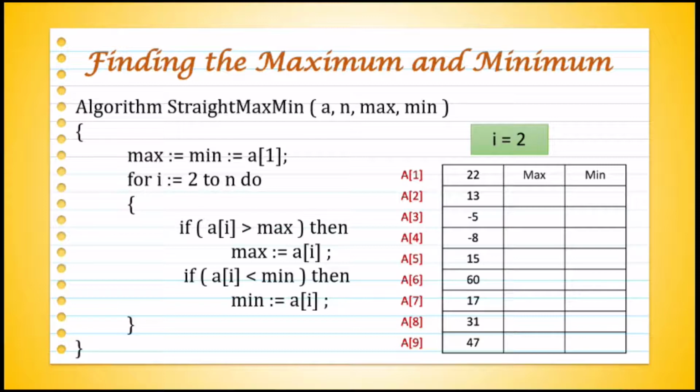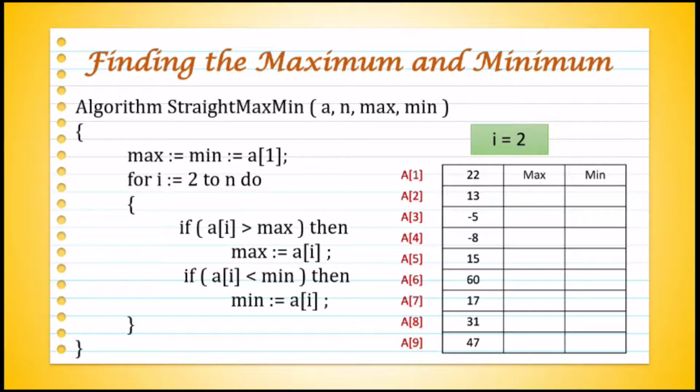We are checking whether A of I is greater than max. So what is A of I? A of 2. The value stored in A of 2 is 13 and the max value is 22. So is 13 greater than 22? No, the condition is false. So that means the statement max equal to A of I will not execute.